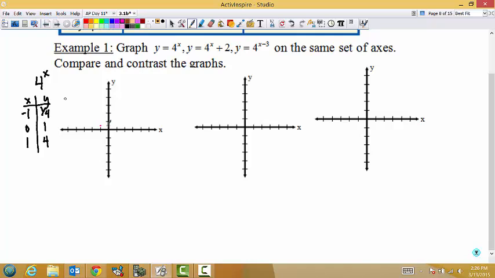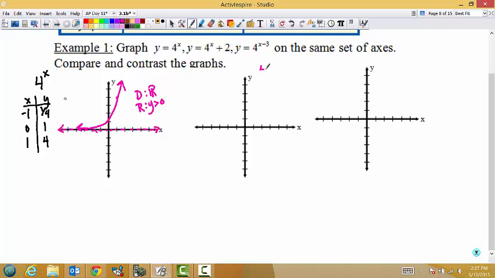So about here, 0, 1, 1, 4. And remember, they all have an asymptote unless it shifts up or down. And then you just connect the dots. Domain, all real numbers, range, y greater than 0.